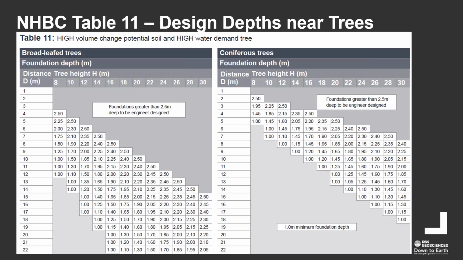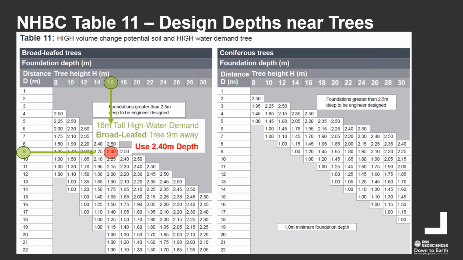Here's a set of design tables that are quite commonly used in the NHBC designing of foundation depths. So I just thought that if I used a simple example, if I had a tree height of 16 meters I was going to use for design, and if I had a high water demand tree, it was a broadleaf tree and it was 9 meters away, then from those two circles highlighted, the 16 and the 9, that will give me a design depth of 2.4 meters.